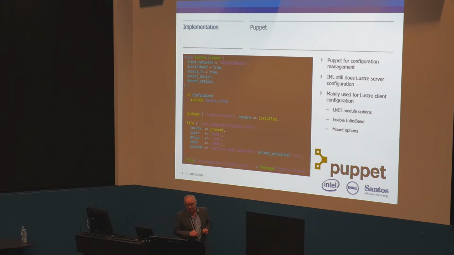One of the other things that the team at Santos did: obviously part of the IML, Intel Manager for Lustre, node within an EL solution is historical graphs around performance, etc. But they found that that gave you an overall performance graph, but they wanted to look at particular performance around OST read-write traffic, just down to an individual OST, and also metadata performance as well.